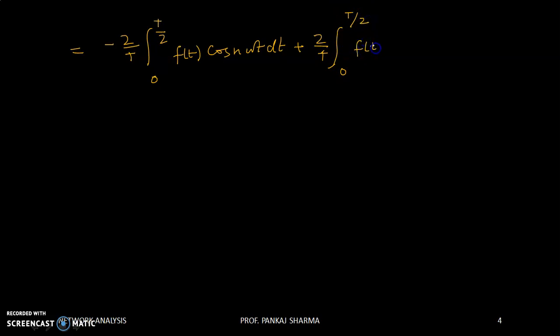That is equal to minus 2 by T integral from 0 to T by 2 of f of t cos n omega t with respect to dt plus 2 by T integral from 0 to T by 2 of f of t cos of n omega t with respect to dt, which is equal to 0.